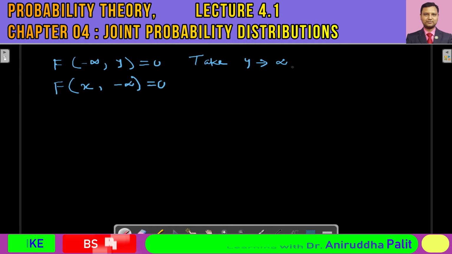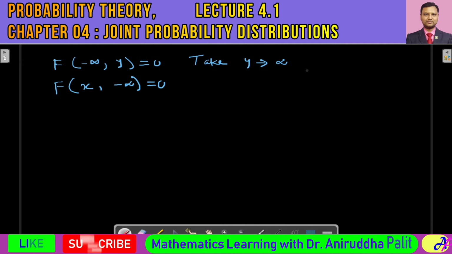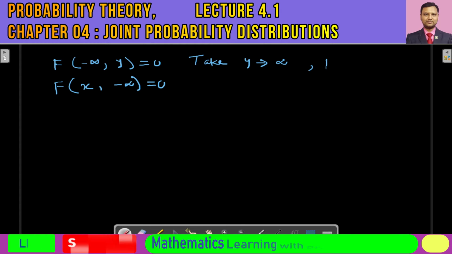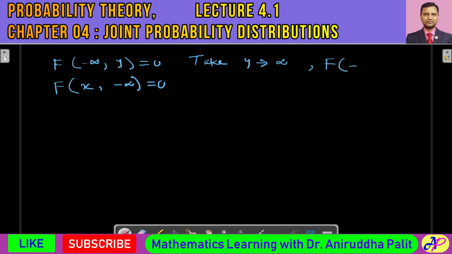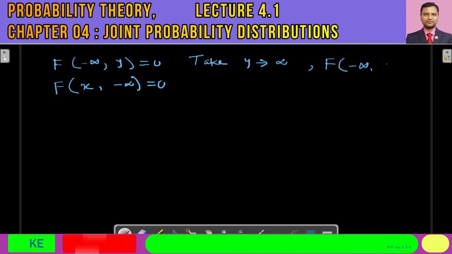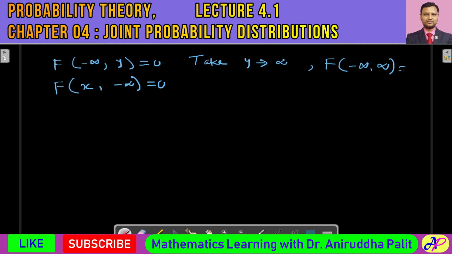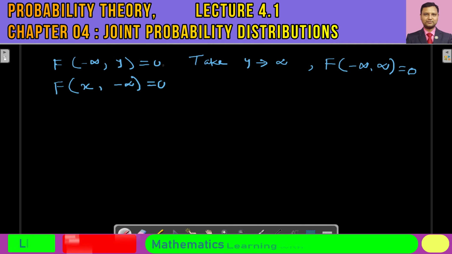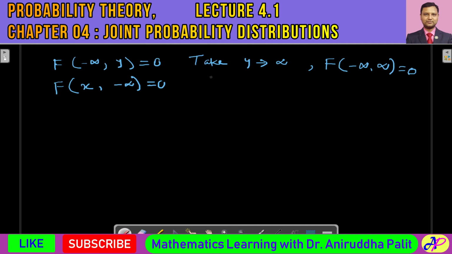If you take y tending to plus infinity, then we shall have f of minus infinity comma infinity equal to 0, because the right hand side portion is equal to 0.